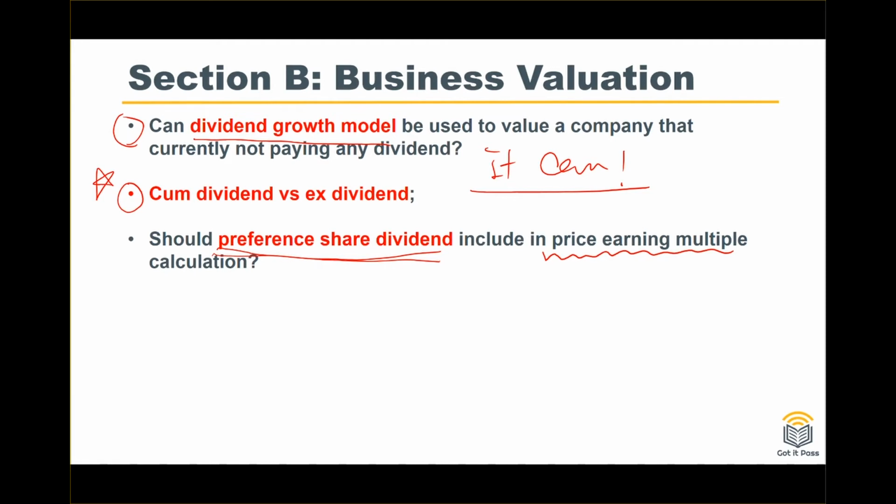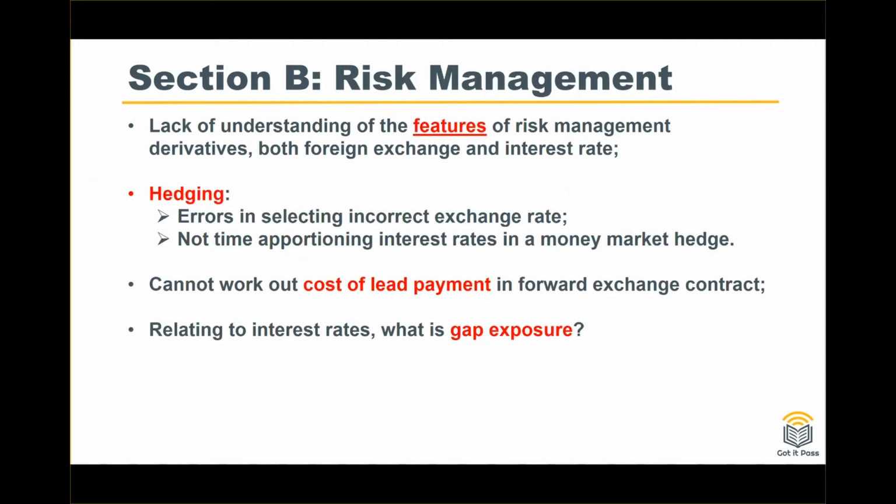Okay. So I move on to the next section. In this section, we talk about forex and the interest rate. It's also about interest rate options, futures, and forwards. The first part the examiner shares with us is about the lack of understanding of the features of risk management.